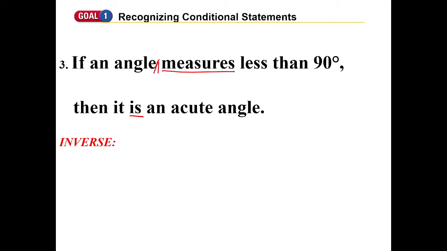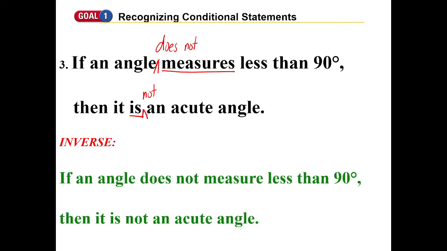Atong butangan, apilang measure, does not measure. Very good. That's totally correct. If an angle does not measure less than 90 degrees, then it is not an acute angle. So, kini gitawag nato ug inverse. Kasabot ra?